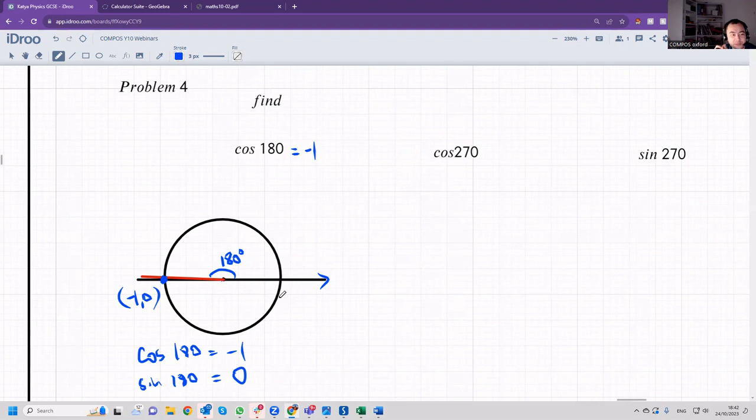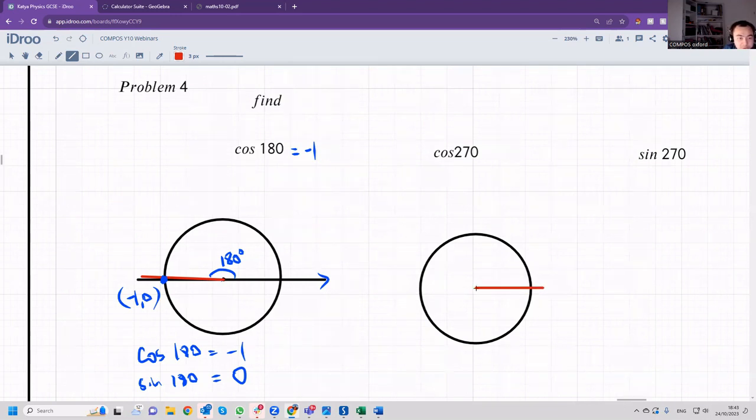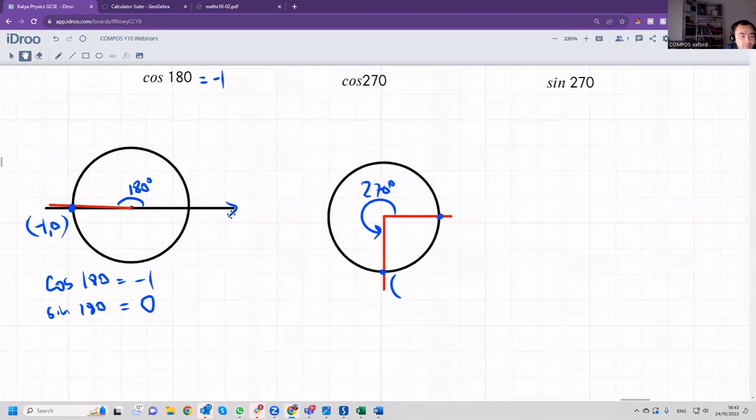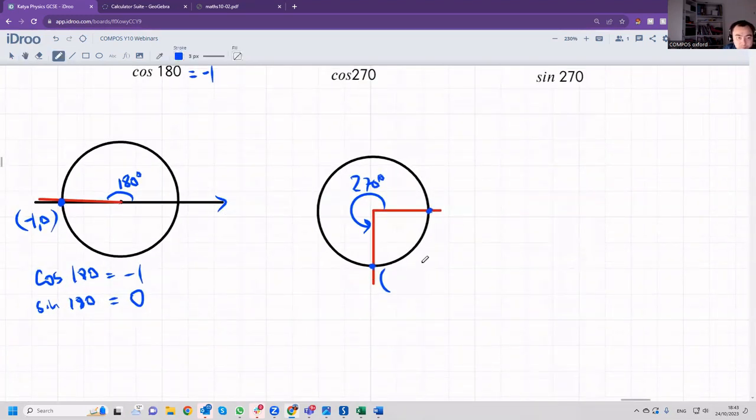As long as you understand the principle. Okay, so 270. You go down here, all the way here. This is 270 degrees. What's the coordinate of this point? 0, minus 1.